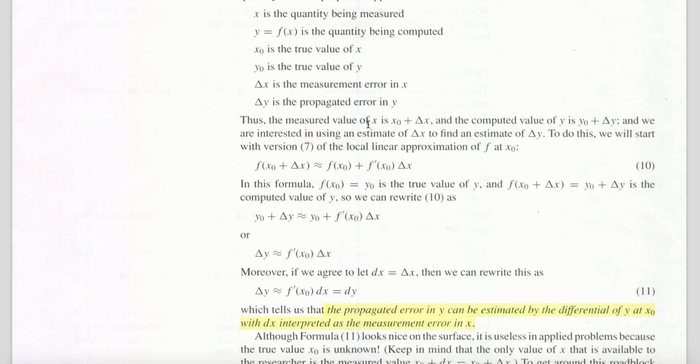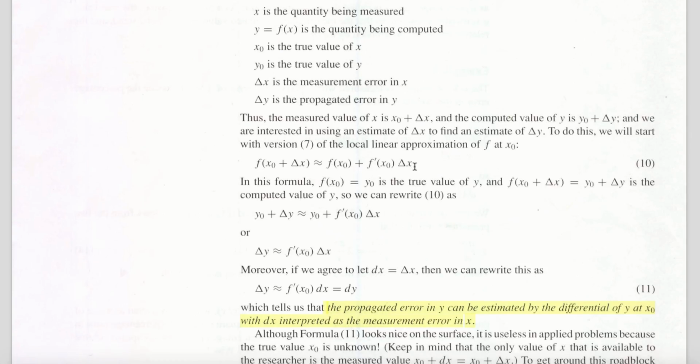So the measured value of x is x naught plus delta x, and the computed value of y is y naught plus delta y. We're interested in using an estimate of delta x to find an estimate of delta y. To do this, we'll start with our local linear formula.